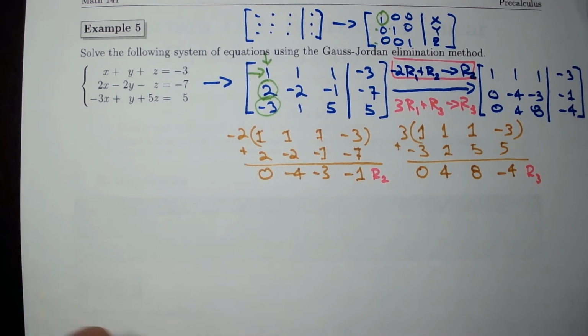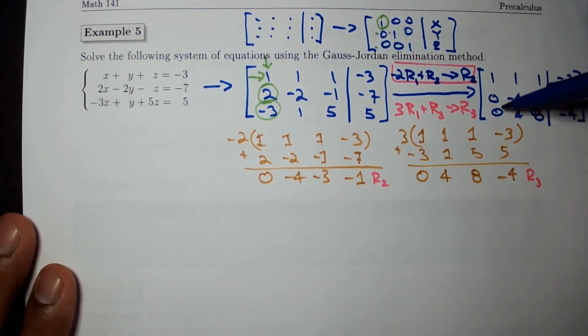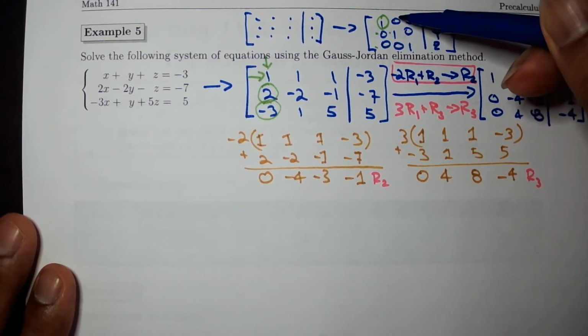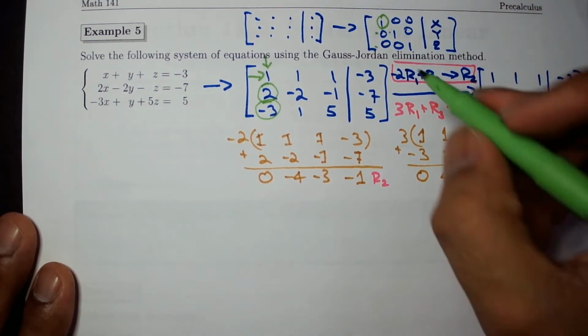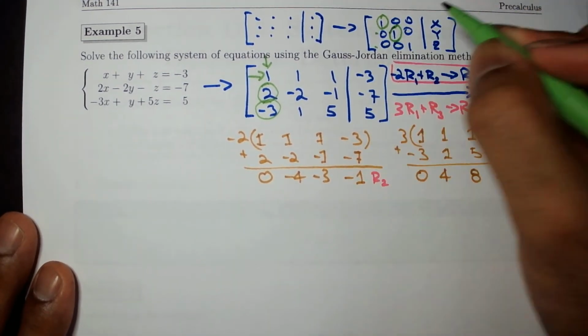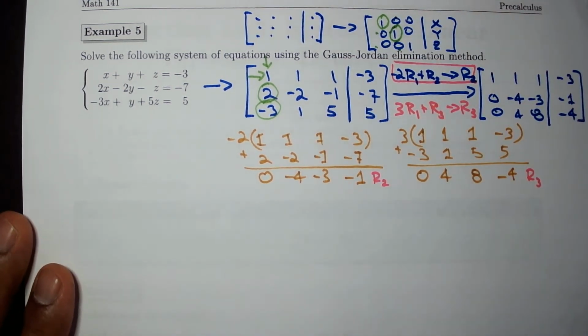All right, so we have reached part of the first part of our ultimate goal, to have a 1 and zeros below. So now I'm going to move to the second column, in which I will find a way to have a 1 here and a 0 at the top, a 0 below.